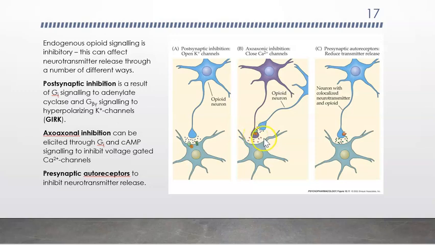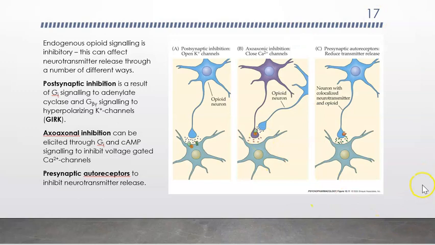It's doing this using that Gi receptor, and the cAMP signaling will then inhibit the voltage-gated calcium channels, therefore not allowing the vesicles in the presynaptic cell to bind to the cell membrane and release neurotransmitters.